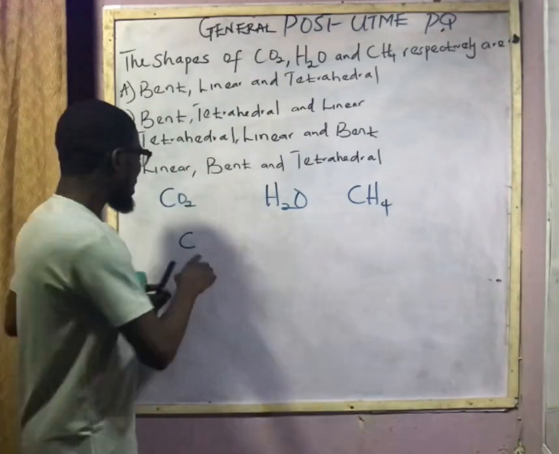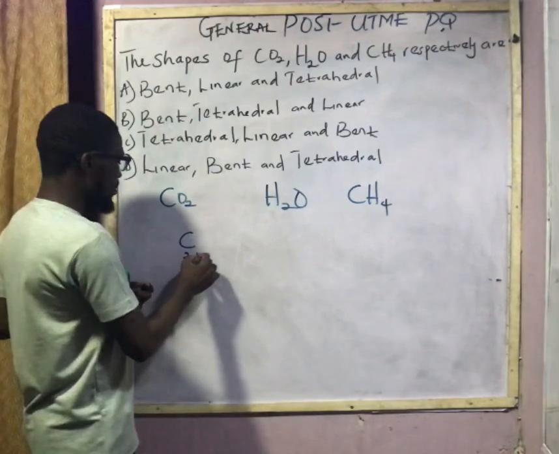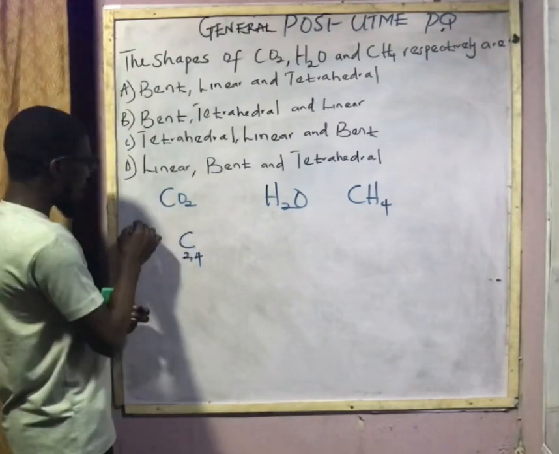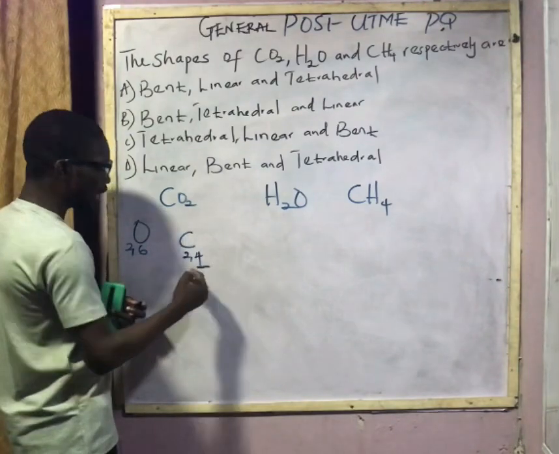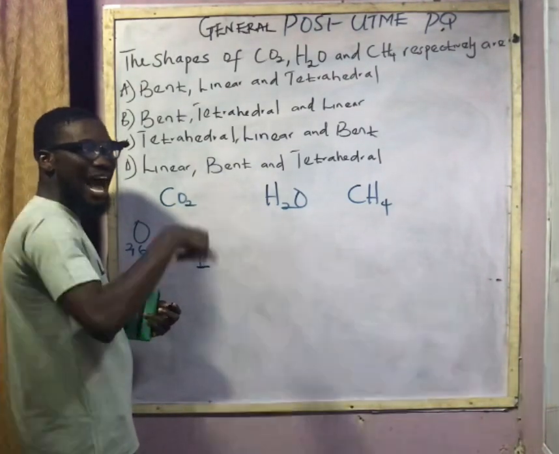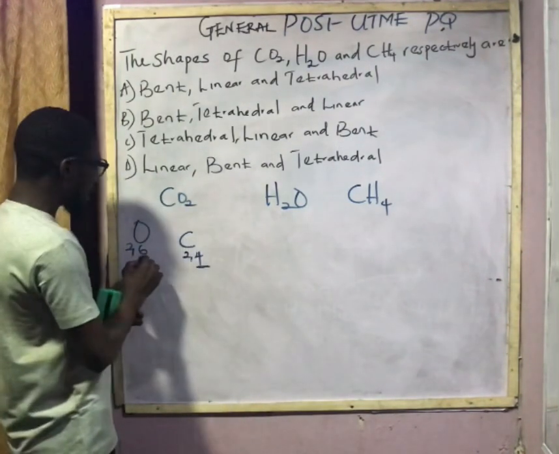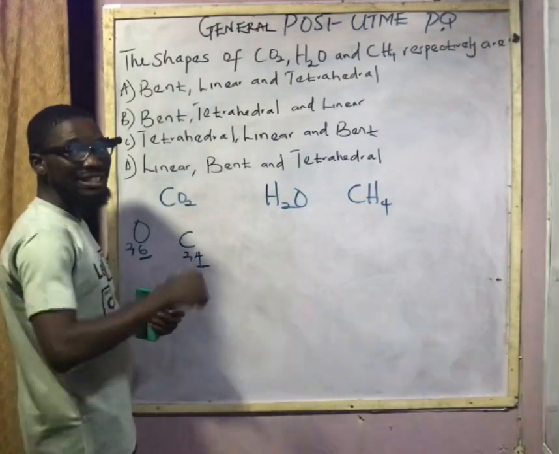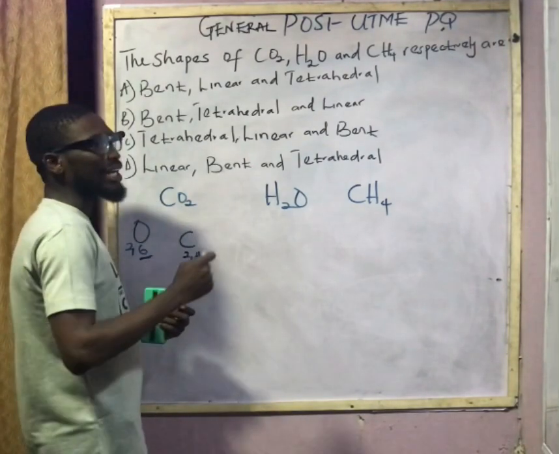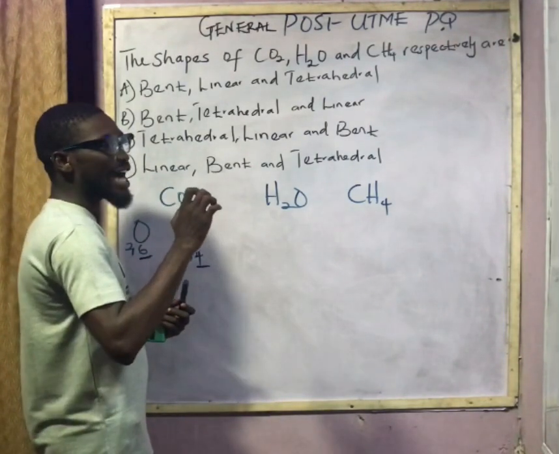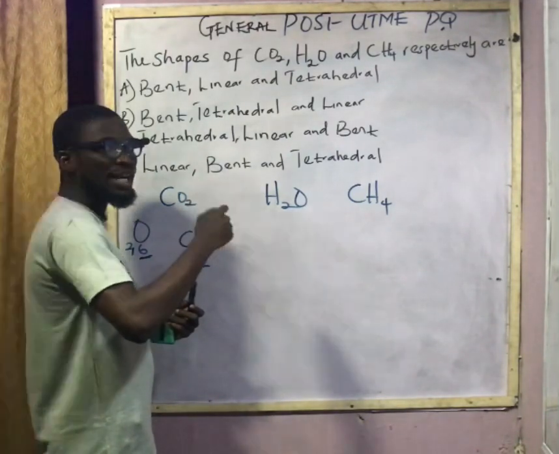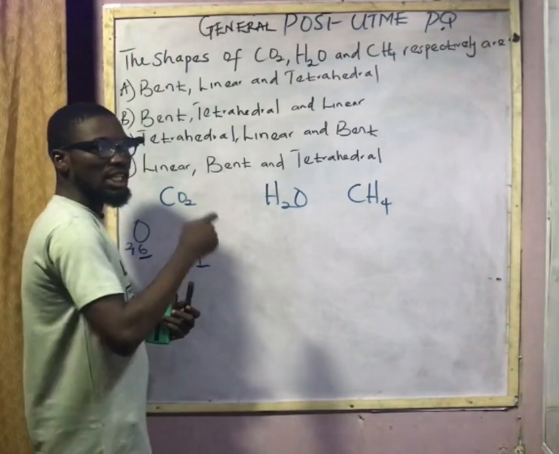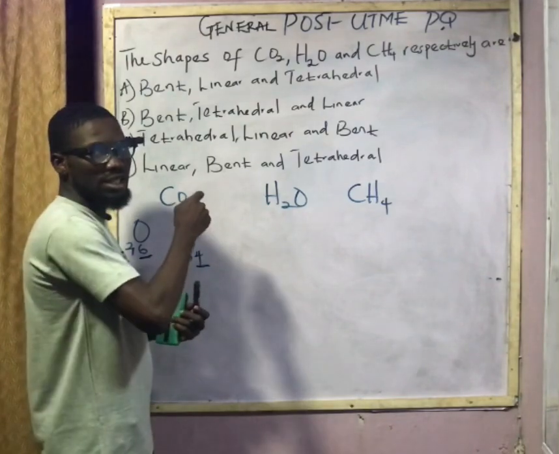And note one thing, carbon is 2,4, while oxygen is 2,6. This one you have here will stand as the outer electron, while this will as well stand as the outer electron. I'll be showing you guys not only the shape but also the bond angle of each of the compounds given to us on the board.